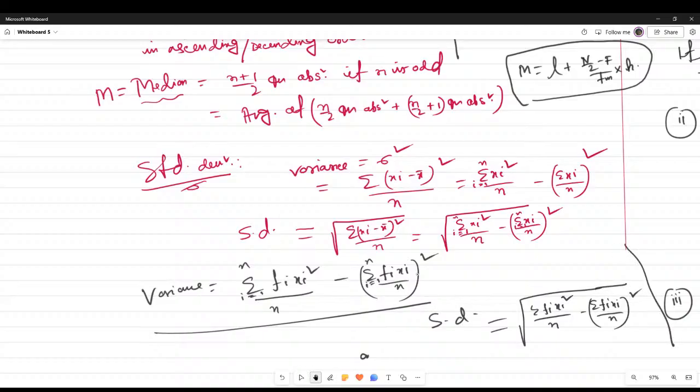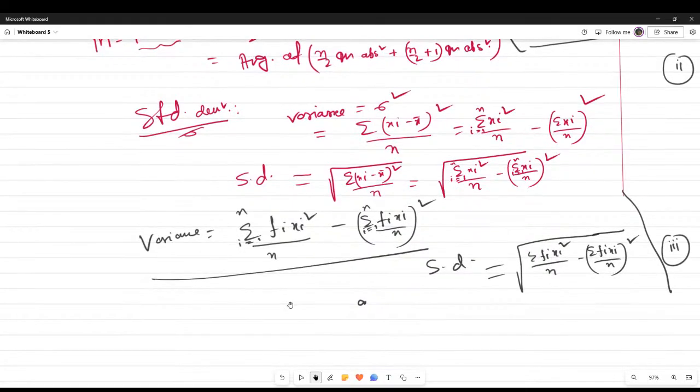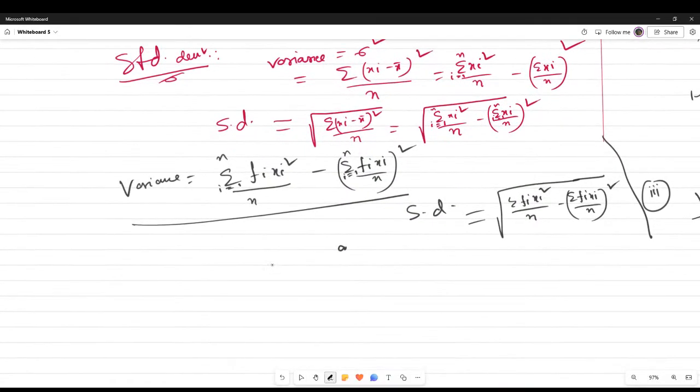Clear? Now suppose anyone makes a substitution. Let ui equal to xi minus a. So what you are doing there? You are changing the origin. If ui is xi minus a, then SDx will have the same value as that of SDu.